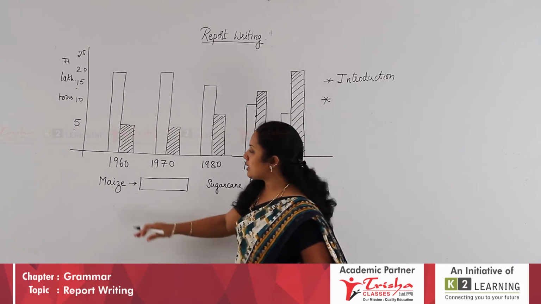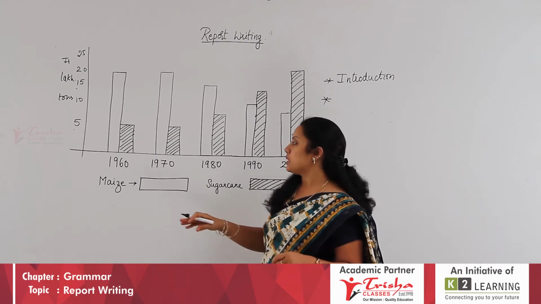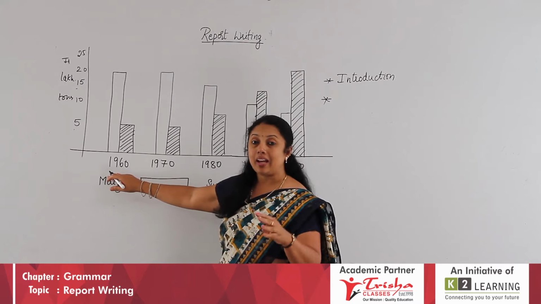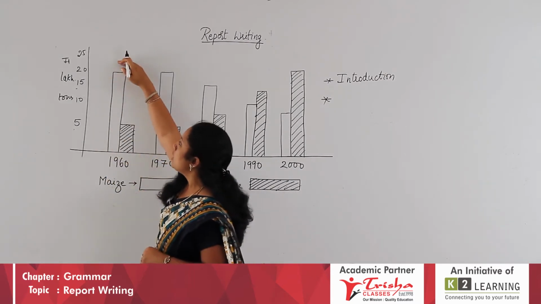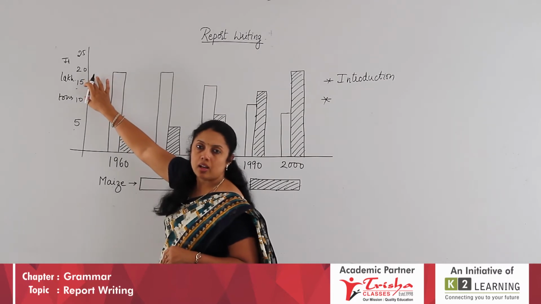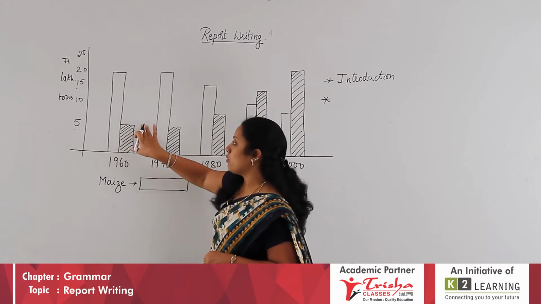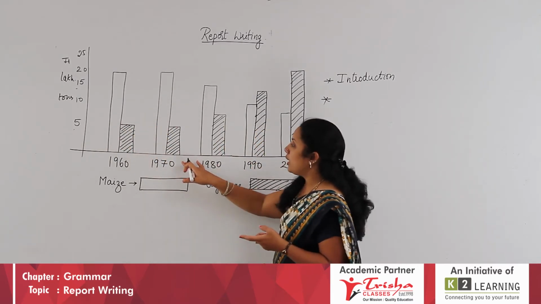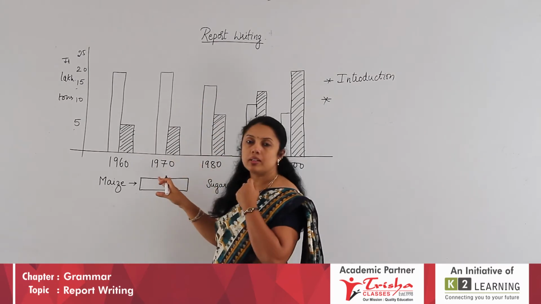When you start the body of your report, you say that in the 1960s, the production of maize was somewhere around 20 lakh tons, while the production of sugarcane was around 5 lakh tons. In the year 1970 also, the same thing was retained.